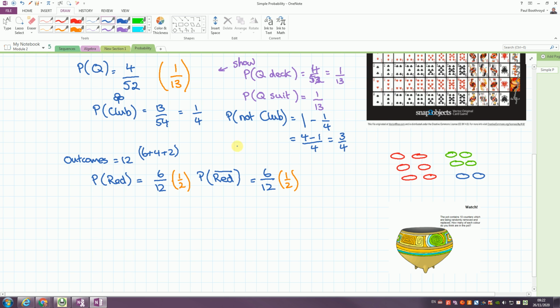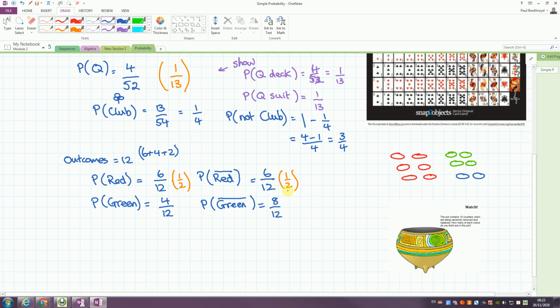The reason we don't often simplify is so we can make comparisons. If I say the probability of green, it's easiest if we work with the same denominator to decide which one's bigger. So the probability of green is 4 out of 12. The probability of not getting a green is 12 minus the 4, which is 8 out of 12.